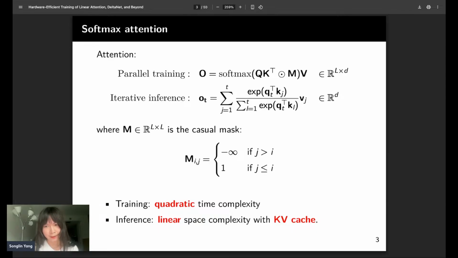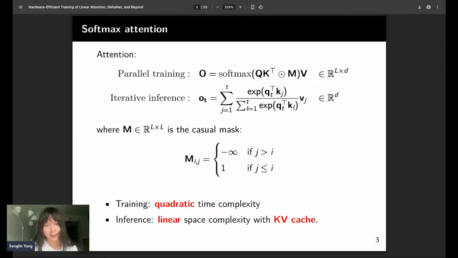Then we use these attention scores to take the weighted sum of the historical values to obtain the output. This is a very quick recap of the softmax attention mechanism, and I'm pretty sure everyone is super familiar with it, so I'm not going to introduce more about it.